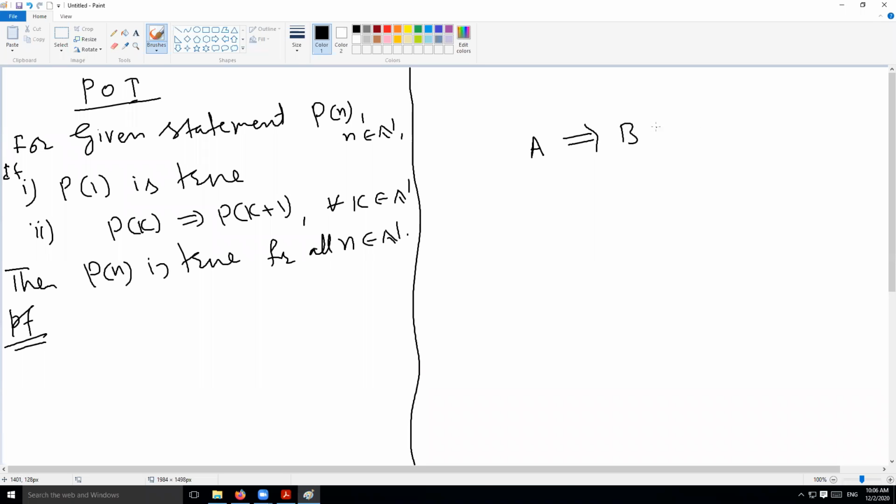By the method of contradiction, if you want to prove A implies B, you try to prove that its negation, which is A and not B, is false. If we can prove that the negation of A implies B is false, then A implies B is true. And how are we going to prove that the negation is false?